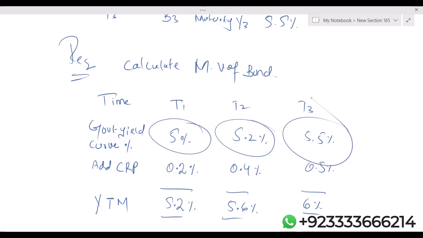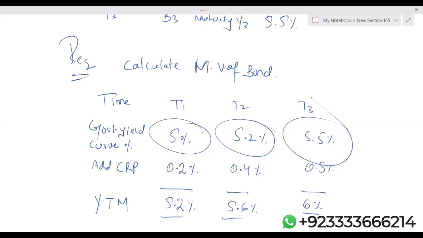Let's say requirement 1 is to calculate the government yield curve. Requirement 2 is to calculate the market value of the bond. And requirement 3 is to calculate YTM for cost of capital. Please listen carefully to what I'm saying.